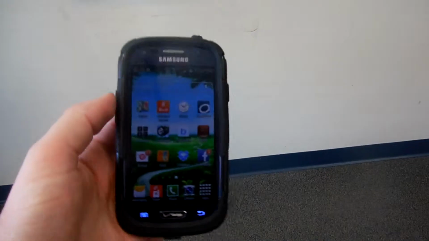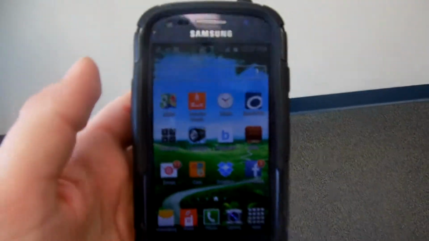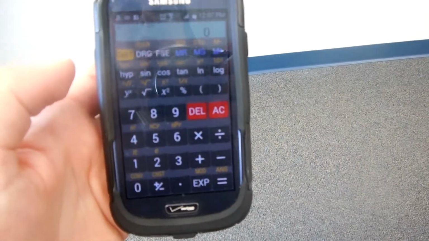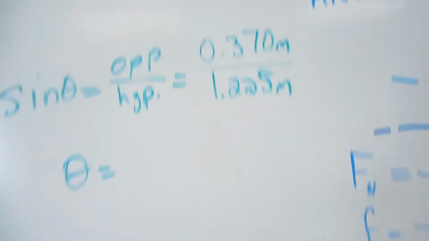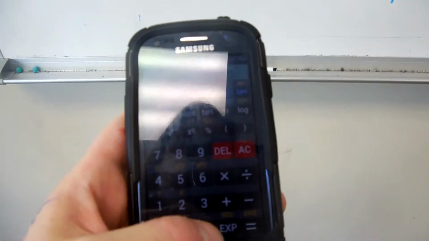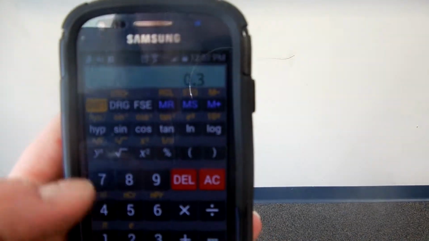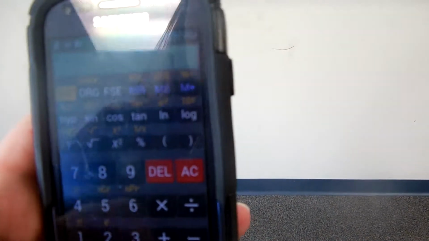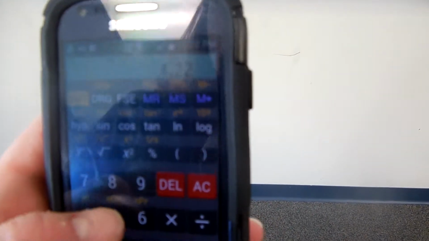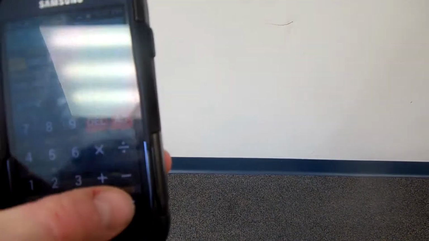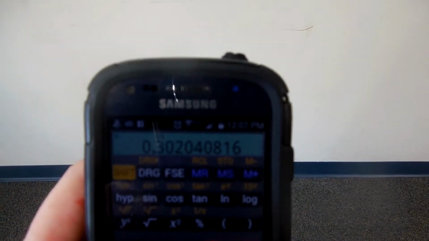So let's see if we can aim the calculator here. I don't know if I can calculate in front of you. Oh, the whole world will now know my passcode. Probably everyone does anyway. All right, so we've got 0.37 divided by 1.225 equals that.